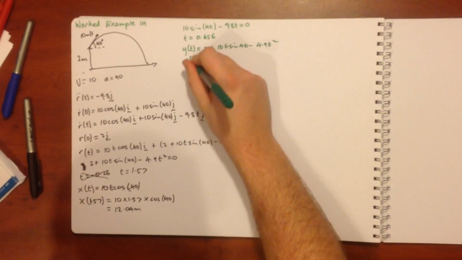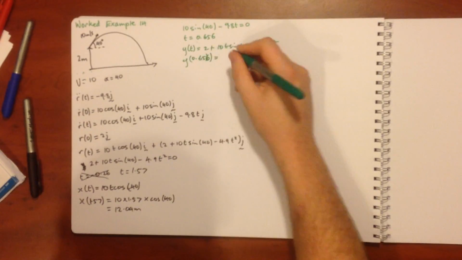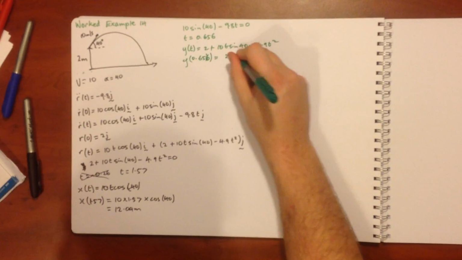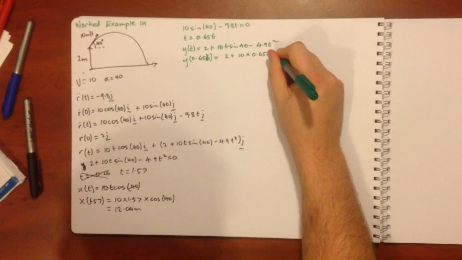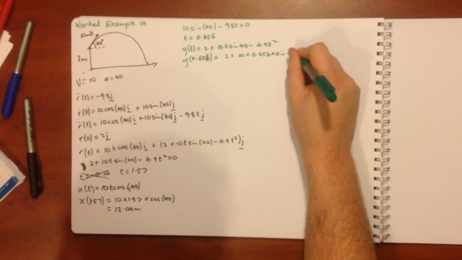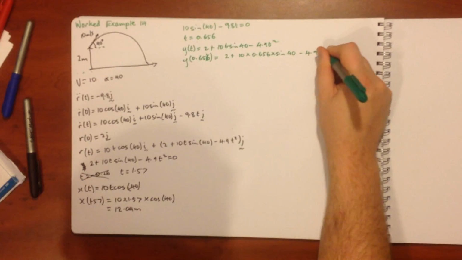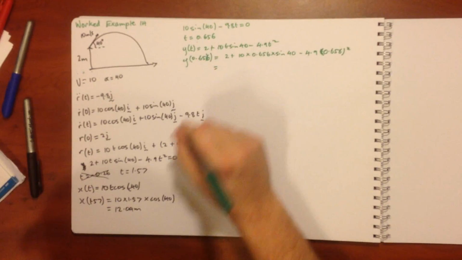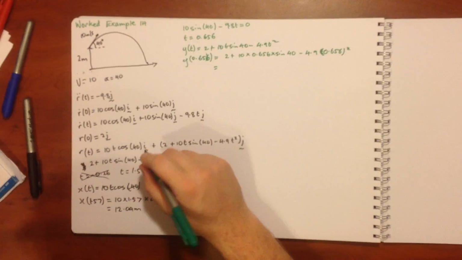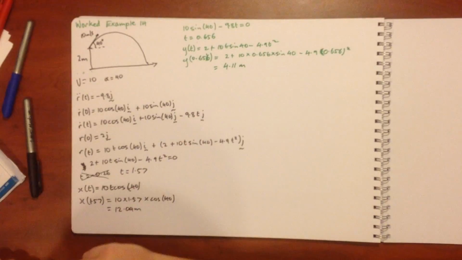So we go y of 0.656 equals 2 plus our 10 times our 0.656 times sine of 40 minus our 4.9 times 0.656 squared. And when we do that, we find the maximum height reached is 4.11 metres.